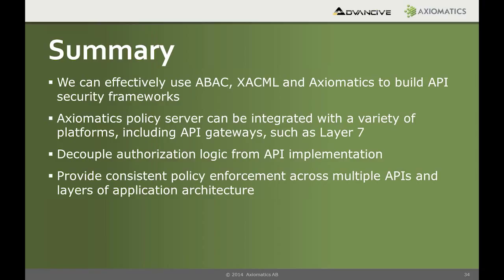The main benefits are that we can decouple the authorization logic from the API implementation, whether it's the API gateway or your own applications, and provide consistent enforcement across multiple APIs and multiple layers of the application architecture. And with that, we're going to open it up for questions.